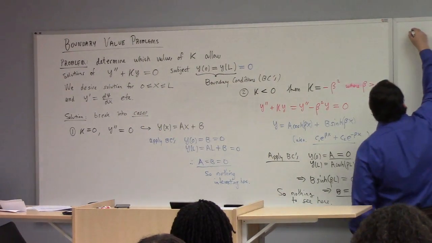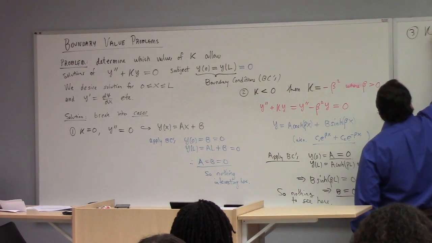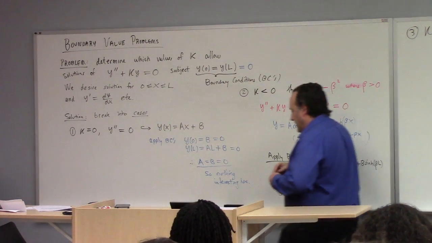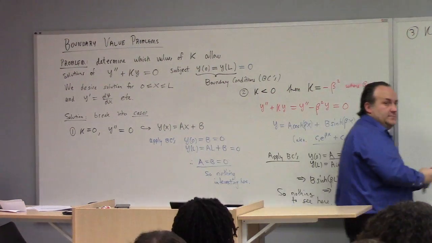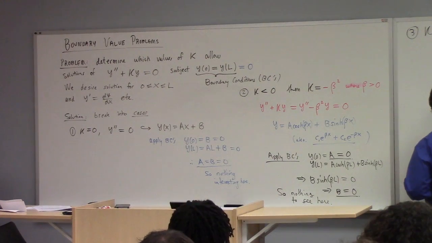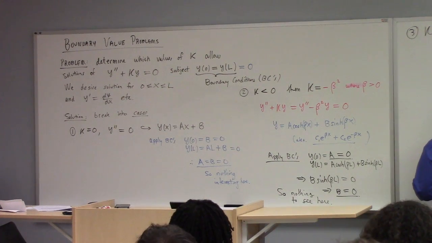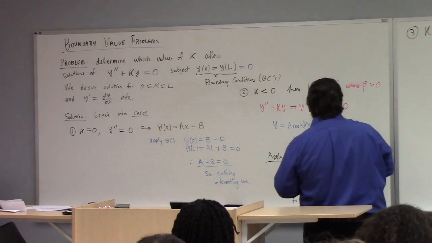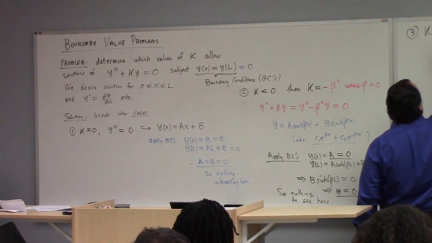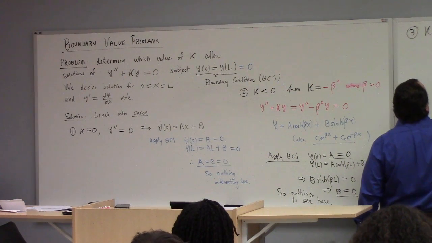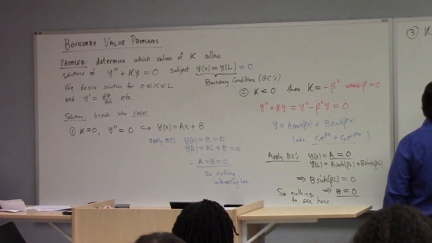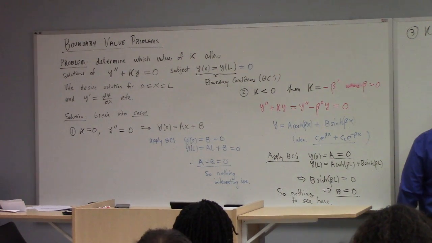What's case 3? Case 3 is k greater than 0. So we are going to put k equal to beta squared for some positive beta. And then what are we solving? We're solving y prime prime plus ky, which in this case is y prime prime plus beta squared y equal to 0.